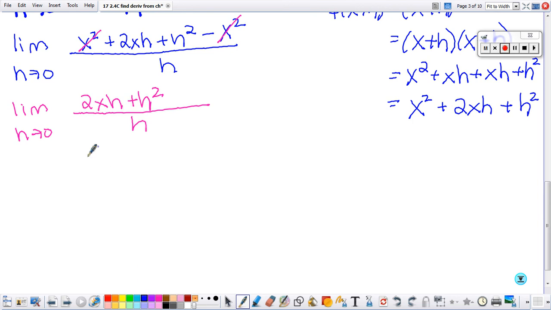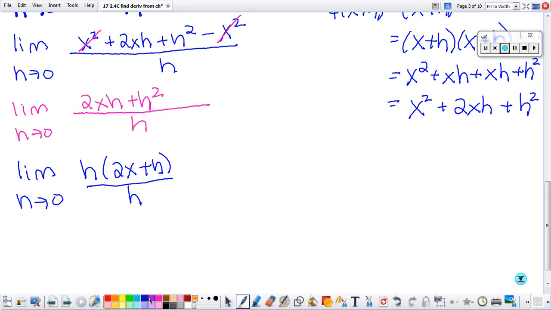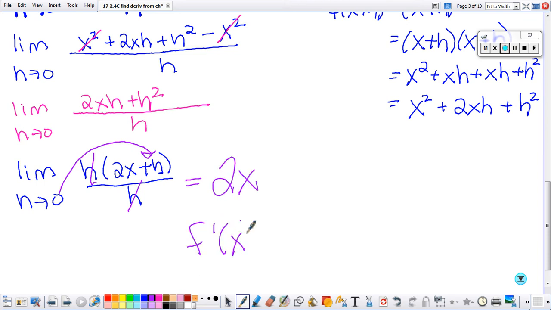So I can factor out an h from both pieces of the numerator. Because I can do that, the h's divide away, and now I can substitute in 0, and we get 2x. So the derivative of any x is 2x, and that was the pattern that we saw above, calculating the slope with the numbers.